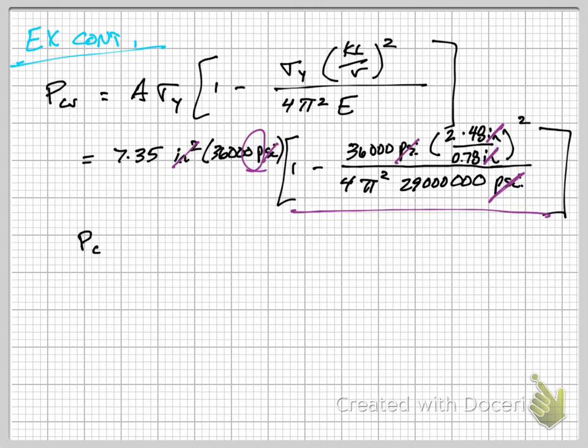When I get a P critical multiplied out of 138,556 pound force, I probably don't need that many sig figs, and that is my P. So when I calculate it all out, I get a P critical of about 138,500 pound force.